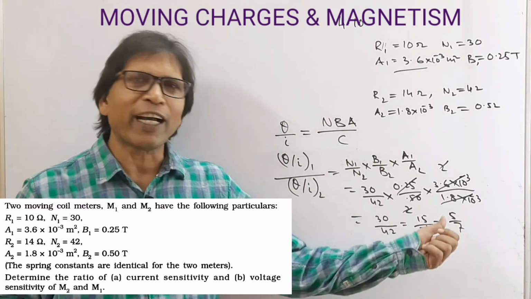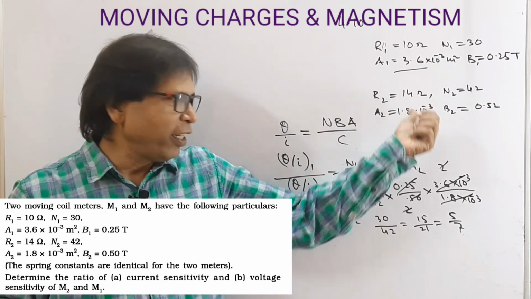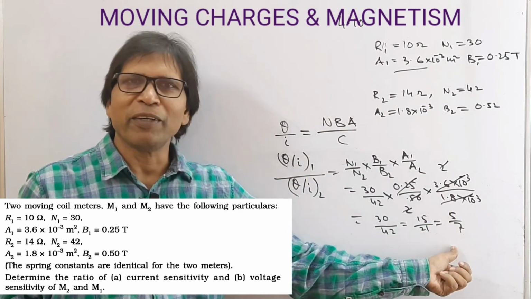So the ratio between the current sensitivity of this galvanometer and this galvanometer is 5:7.